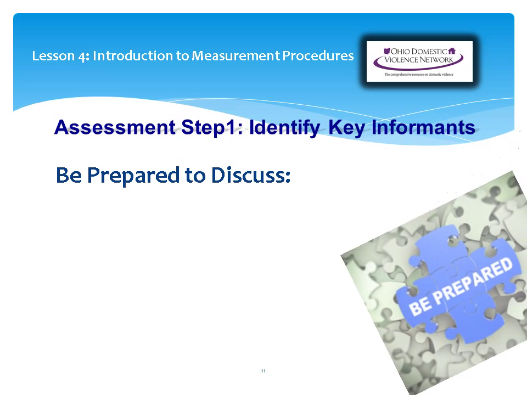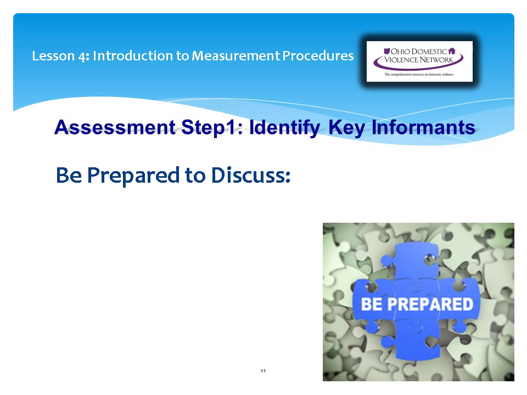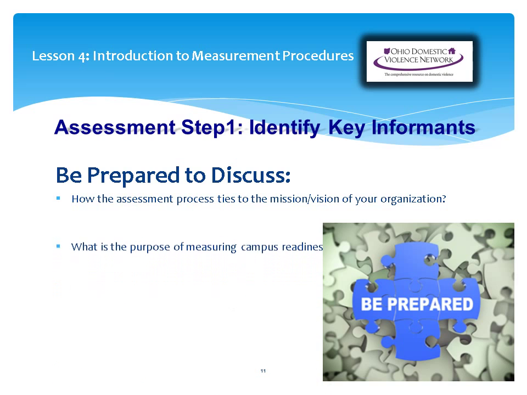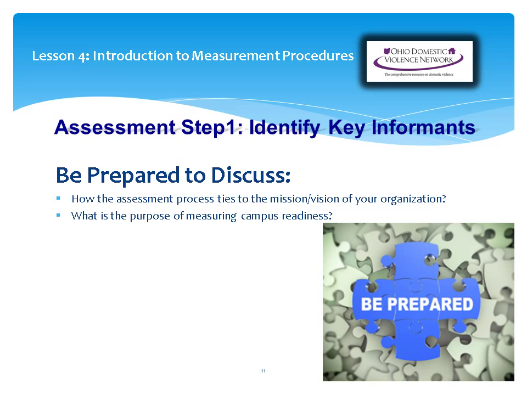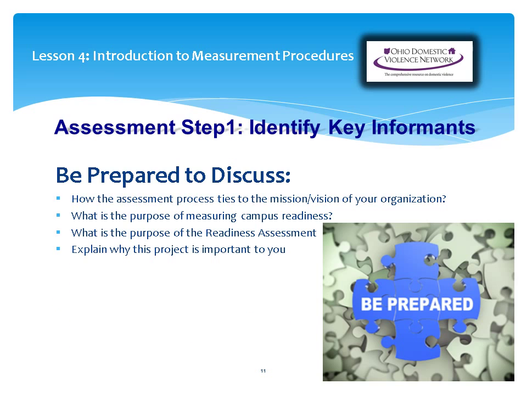Prior to contacting potential key informants, be prepared to discuss the following. Understand how the readiness assessment process ties to your own organization's mission and vision and your own work as a professional. Why you are embarking on measuring campus readiness. The purpose of the readiness assessment. Why this project is important to you, and what your stake is in the process.